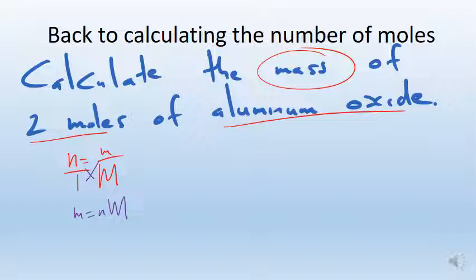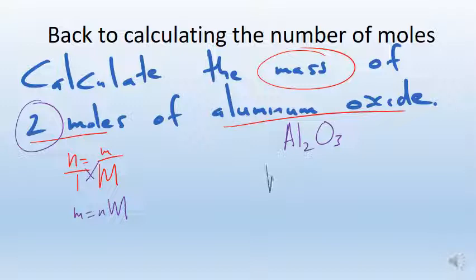So I've got the number of moles, that's 2, that's N. I need the molecular mass of aluminium oxide. And now you are stuck. What is the formula for aluminium oxide? Aluminium oxide, go back to your notes in grade 10, is Al2O3. 2 parts aluminium, 3 parts oxygen.